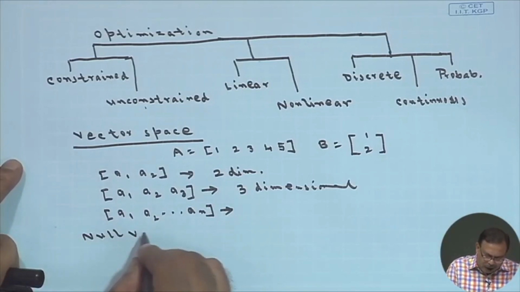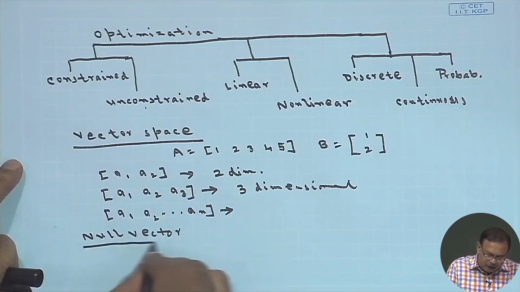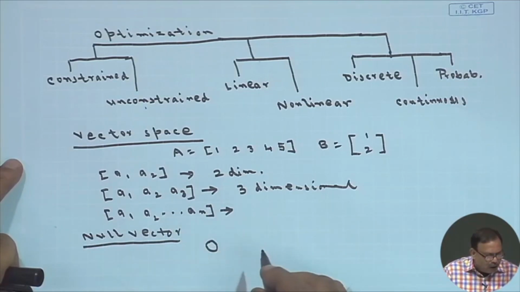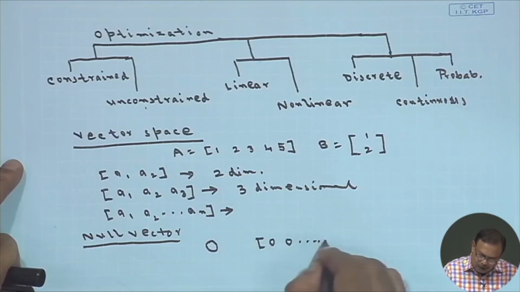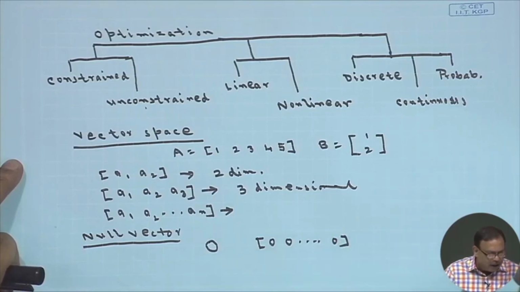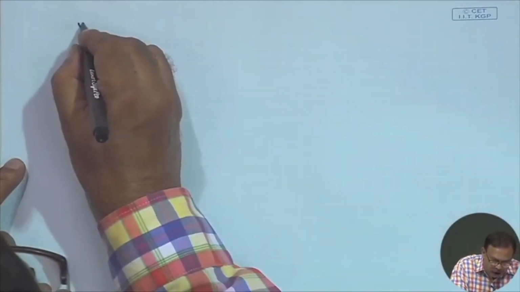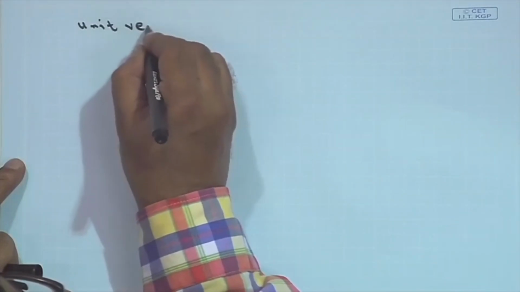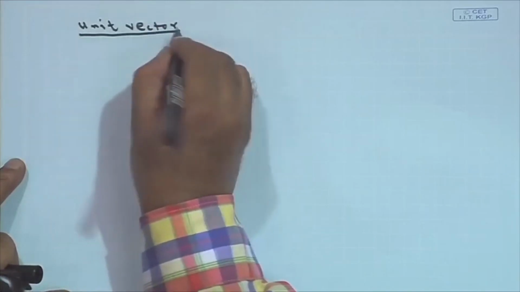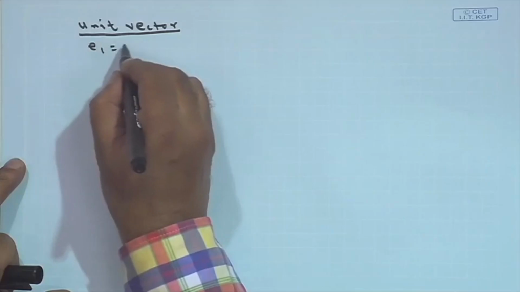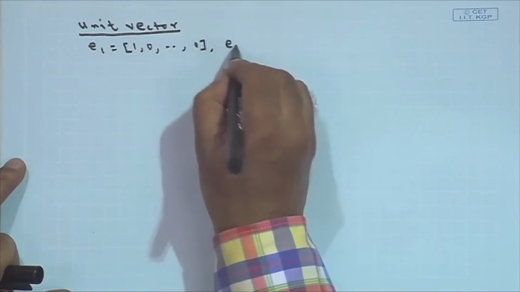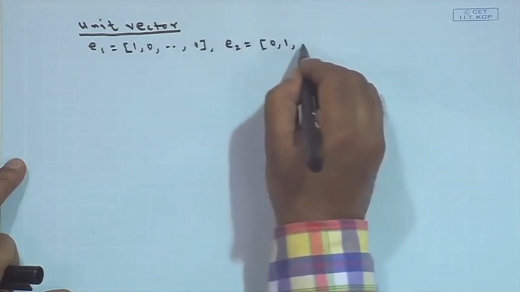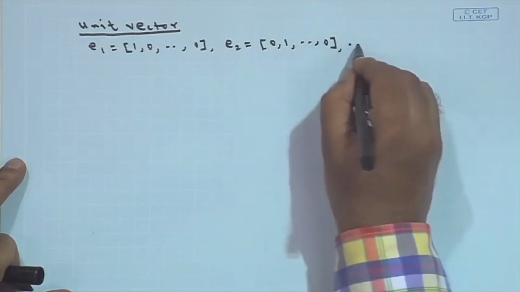Next one is the null vector. The null vector is denoted by O, where all the elements of that vector are 0. It will look like this. So this is a null vector. Similarly, you have the unit vector. We define it like this: E1 equals this, E2 will be equal to 0, 1 and all other elements are 0.